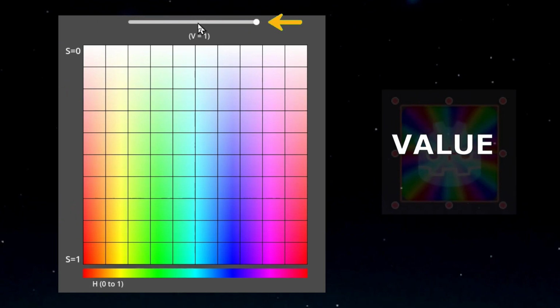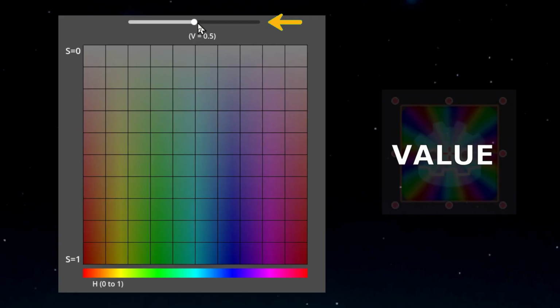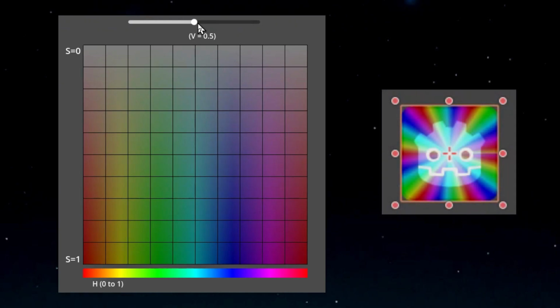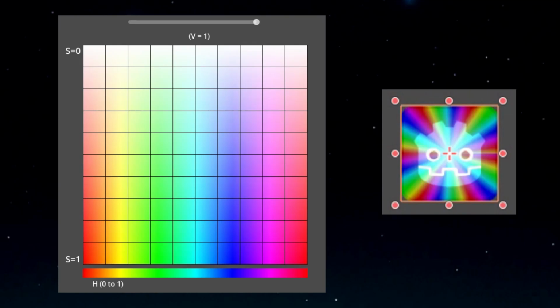And the value is how bright or dark the color is, where 1 is the brightest and 0 is completely black. Using HSV allows us to better control gradients and moving around within the color space, and not have to worry about exactly how much red or green or blue goes into whatever color we're working with. But then computer displays really don't understand HSV.